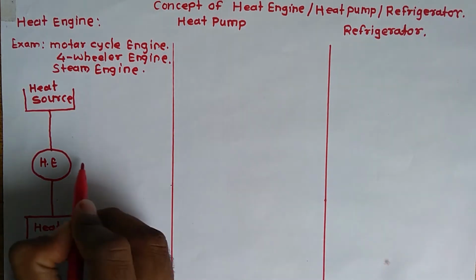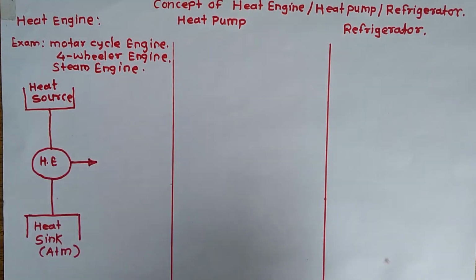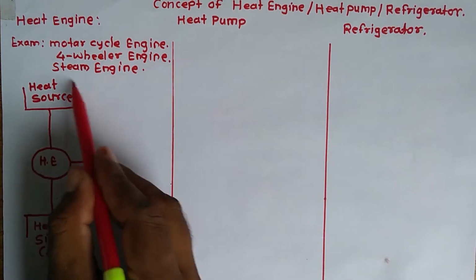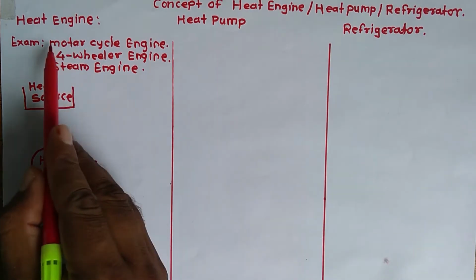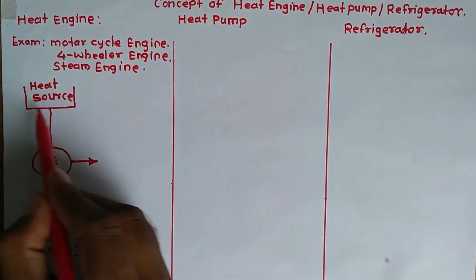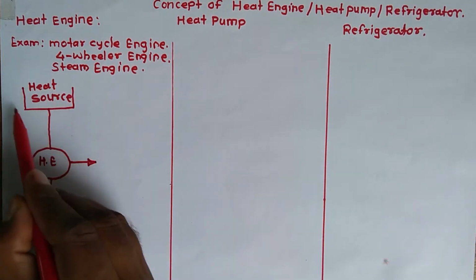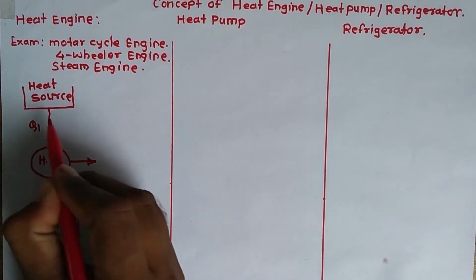This heat engine will always be producing work. Here the heat engine is nothing but the combustion chamber, say of a motorcycle engine, or the two-stroke engine. In a two-stroke engine, the combustion chamber acts as the heat source. We can give the name Q1 to that.